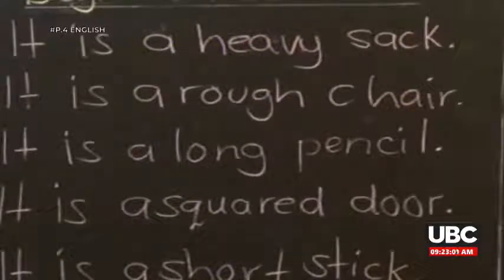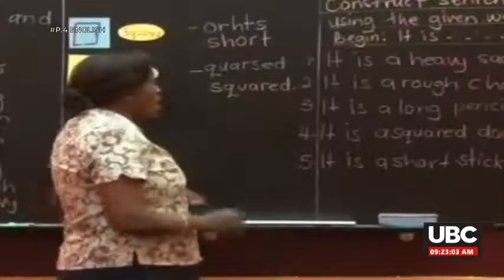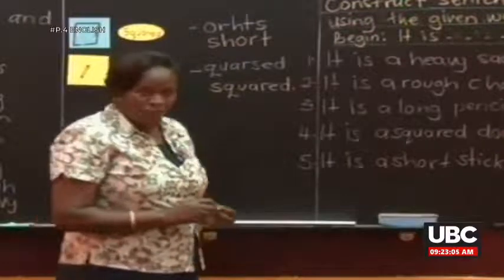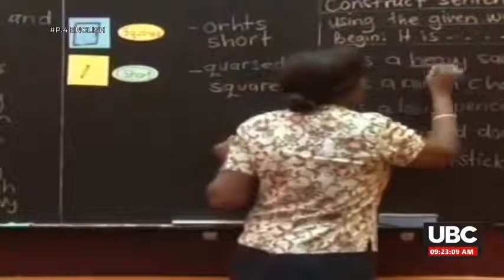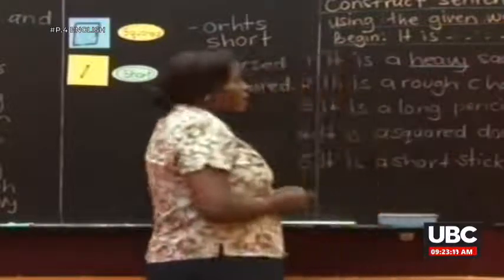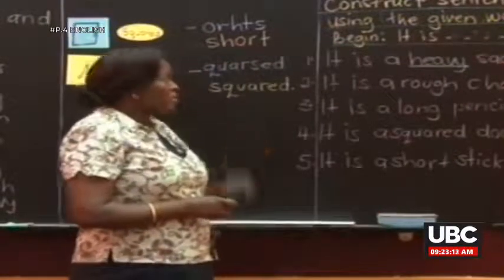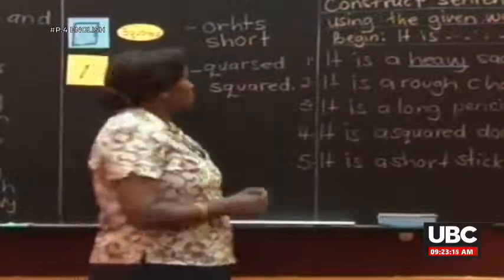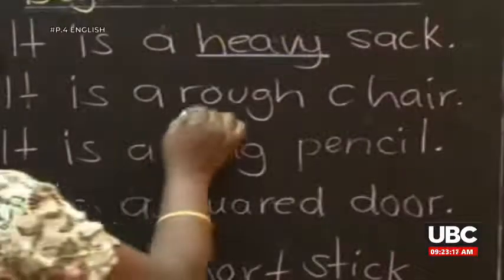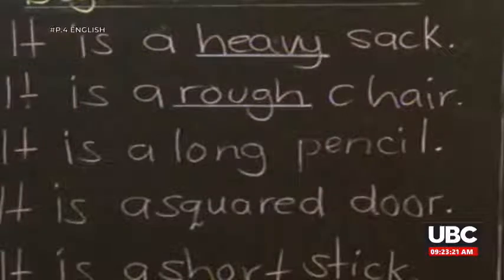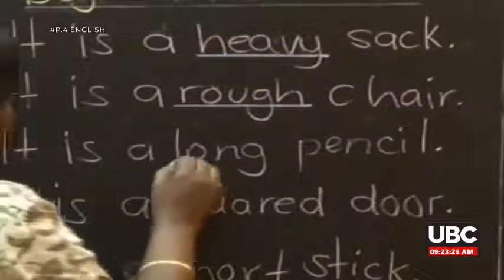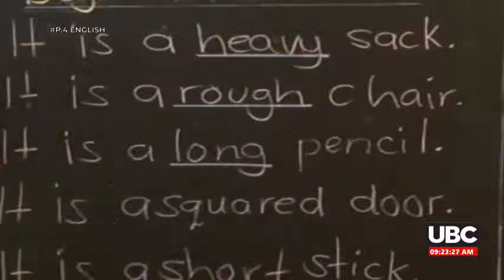So let's try to underline our adjective words which we have looked at today. The first one, we look at the word heavy. And I know children, you will be able to write those words correctly. Our next word, we look at the word rough. Our next word, we looked at the word long.